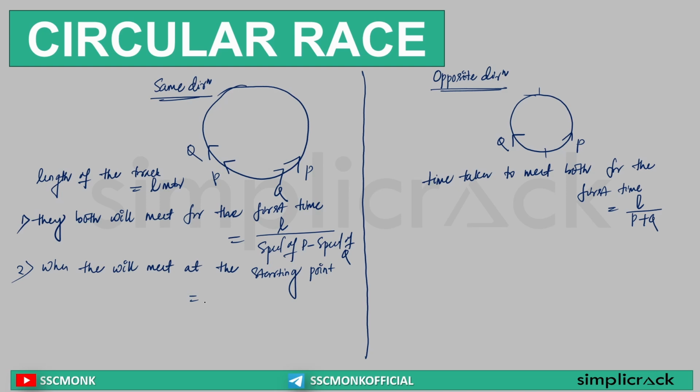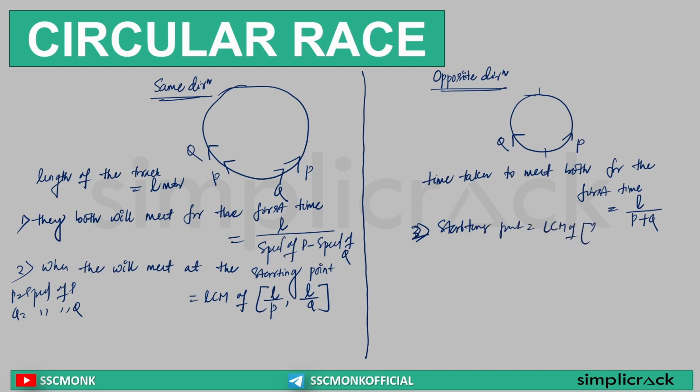When they meet at the starting point, the time is LCM of L by speed of P and L by speed of Q. Here, if they are running in opposite direction, at the starting point the formula is still the same: LCM of L by P, L by Q. Clear?